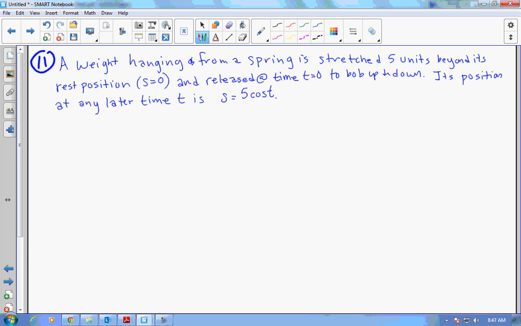Four questions. What is its velocity, speed, and acceleration at time t? Also, describe its motion.